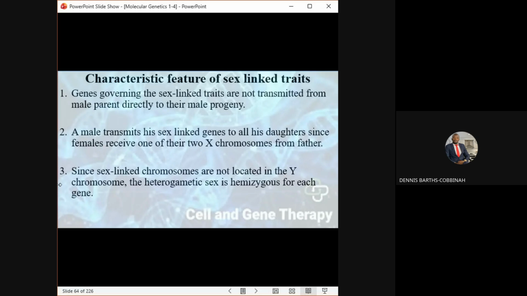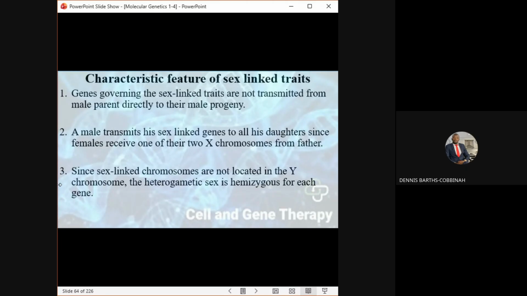The third one is, since X-linked genes are not located on the Y chromosome, the heterogametic sex is hemizygous for each gene. When we say hemizygous, it means you are carrying only one of the alleles instead of getting the pair to control a character.